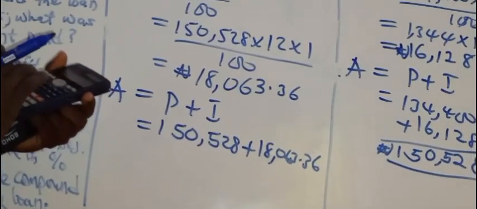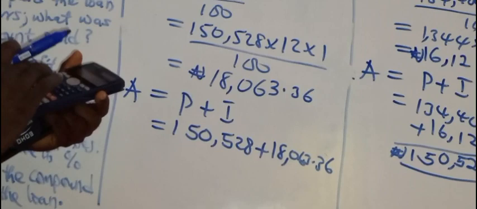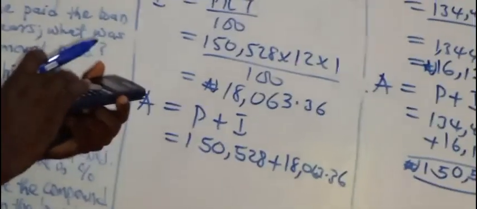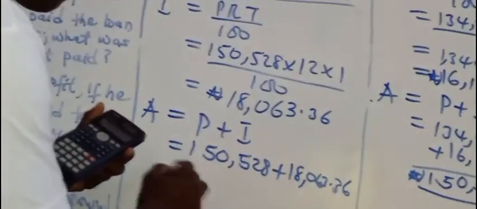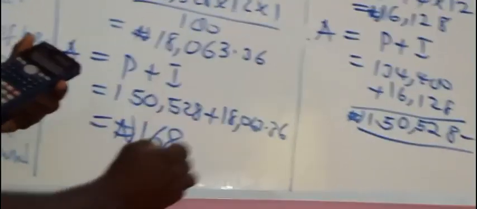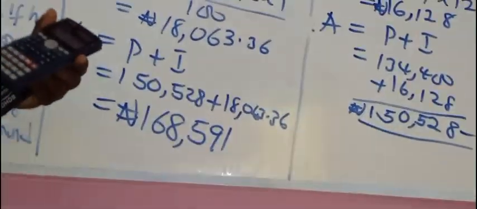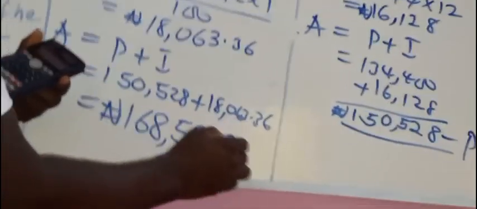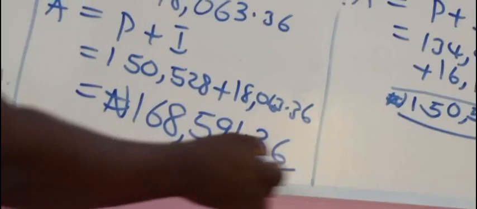That is 150,528 plus 18,063.36. Look at this, I have 168,591.36 kobo. Interesting.